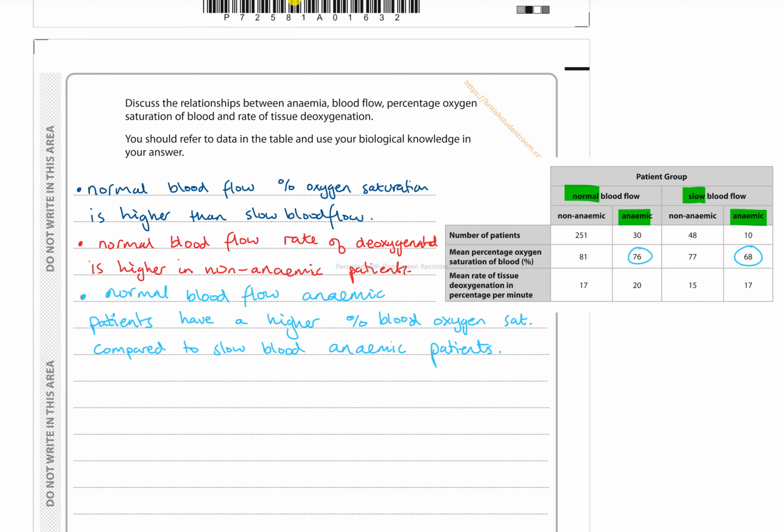Now they're saying, what's the difference between anemic and non-anemic in normal blood flow, and anemic and non-anemic in slow blood flow.